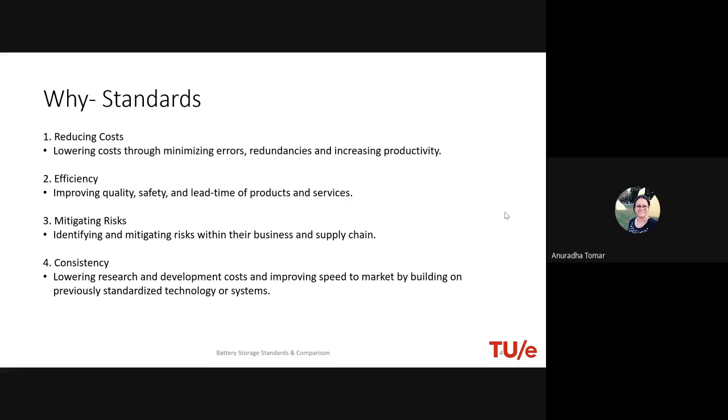So rather than starting from scratch, this lowers the research and development cost involved in the development part. As well, if there is a consistency between the standards, in that case also, it reduces the efforts put towards research and development.